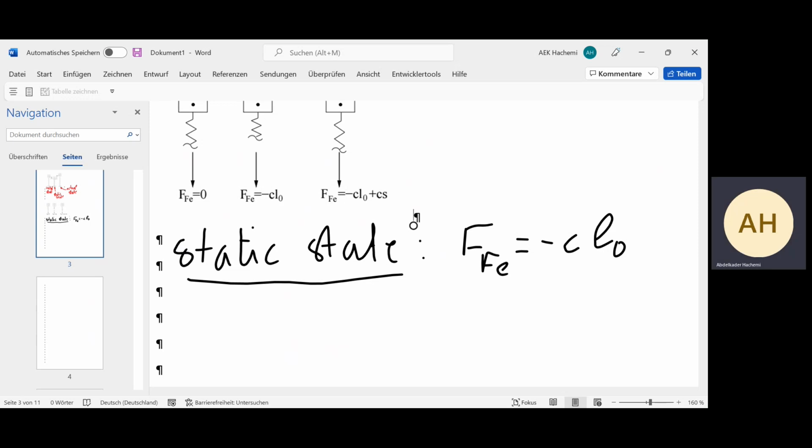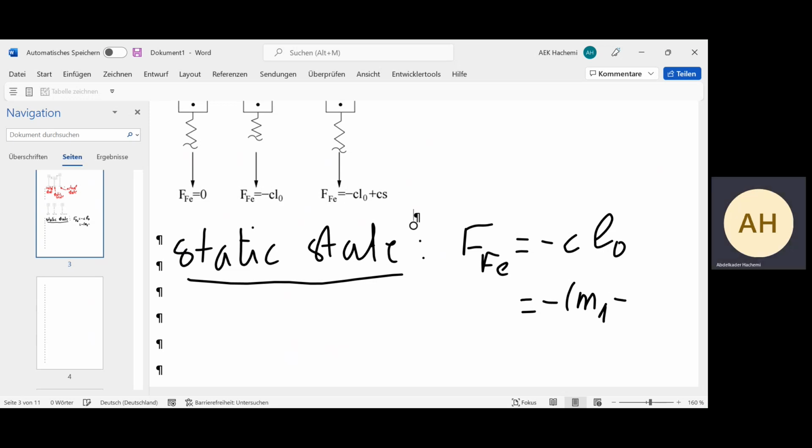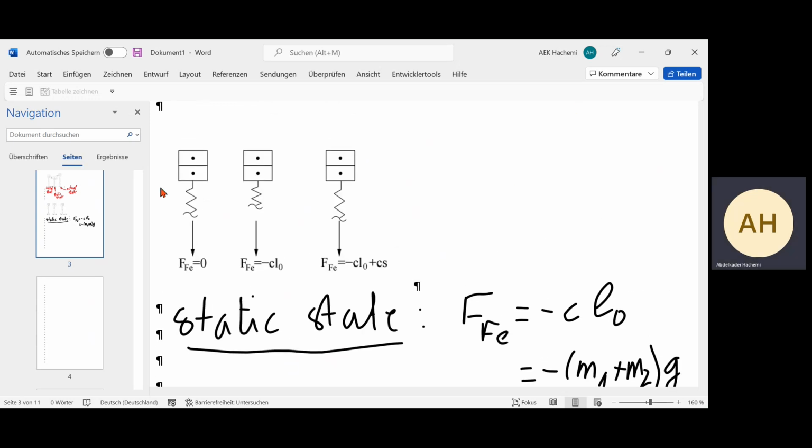And if we look at the equilibrium, it's only minus the mass M1 plus M2 multiplied by G.